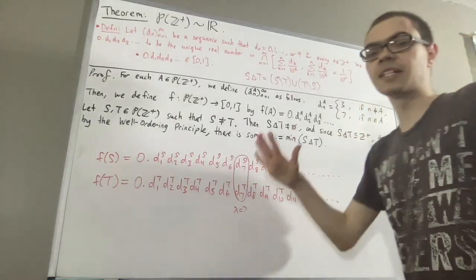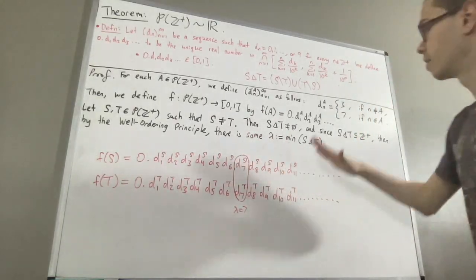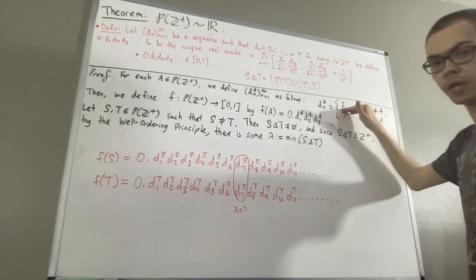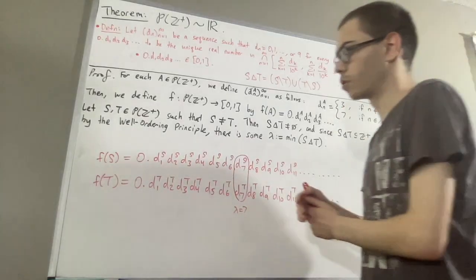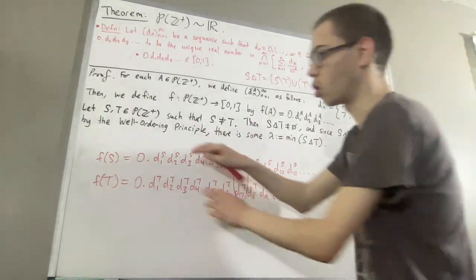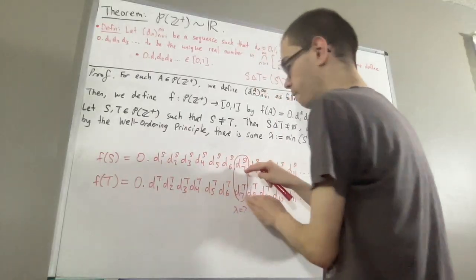If you're not an element of S and not an element of T, then the corresponding decimal place is a 3, right? The corresponding decimal places are all equal when you're before lambda.